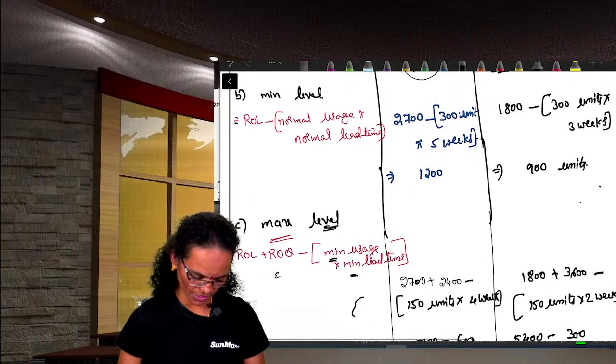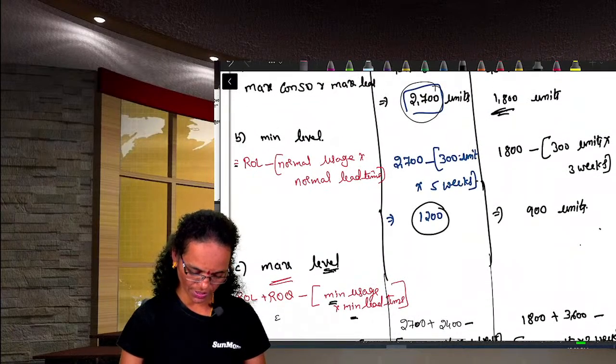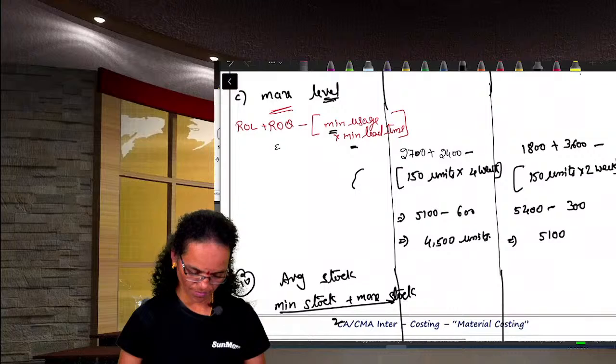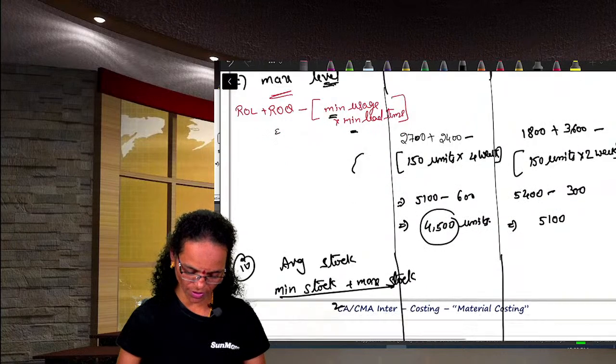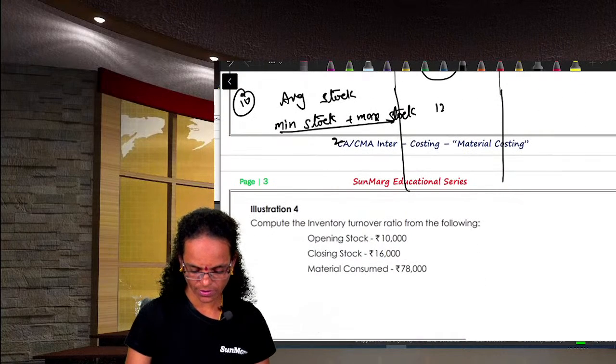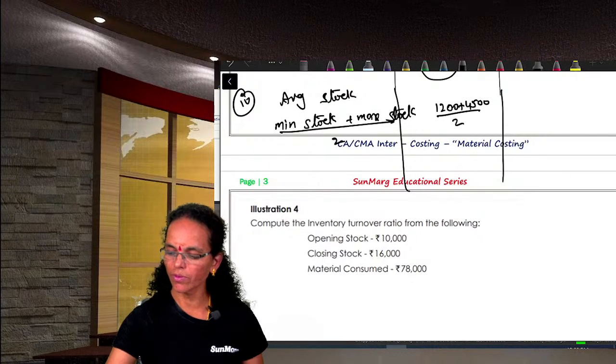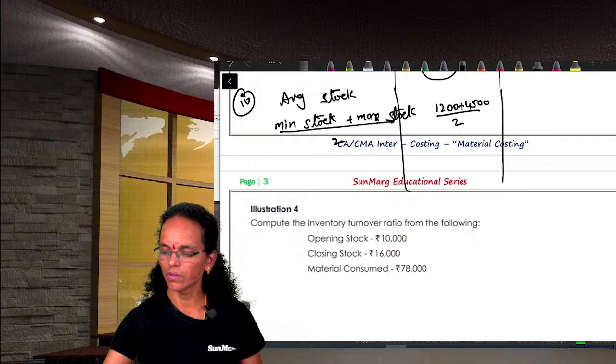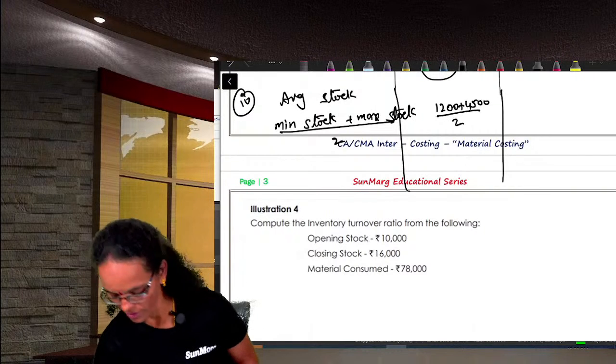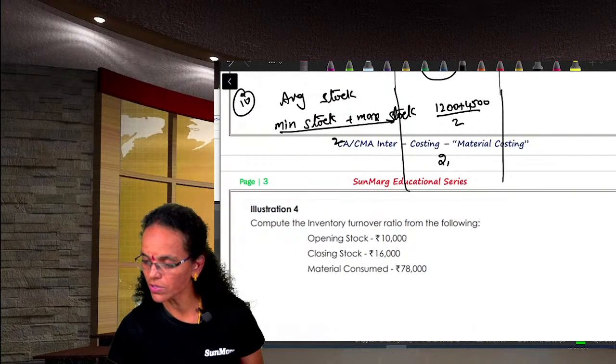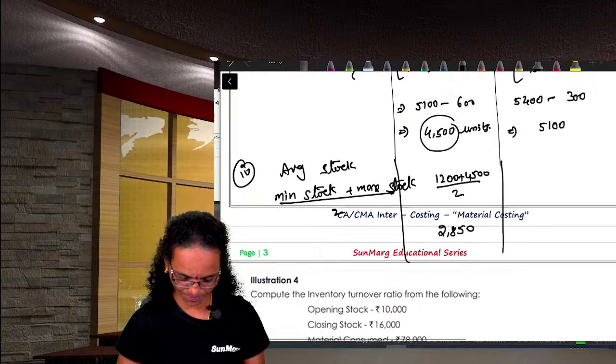Minimum stock for A 1200, maximum stock 4500, 1200 plus 4500 divided by 2 is 2850.